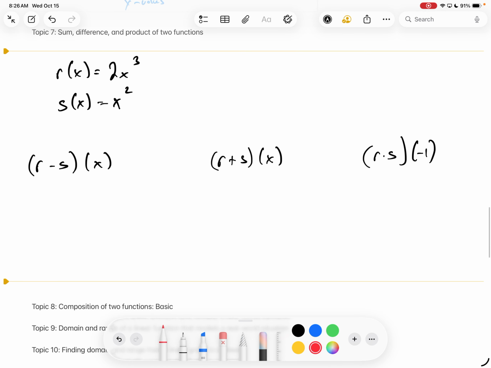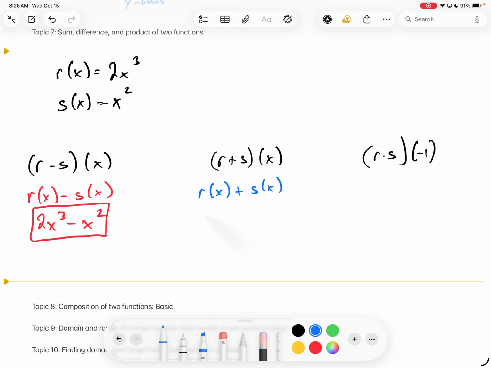Alex does give you points if you get one right and one wrong. But you are doing R of x minus S of x. So this would be 2x cubed minus x squared. You can't simplify that at all, so that's it. On this one, you are doing r of x plus s of x. So you do 2x cubed plus x squared. Can't simplify that at all, so that's it.